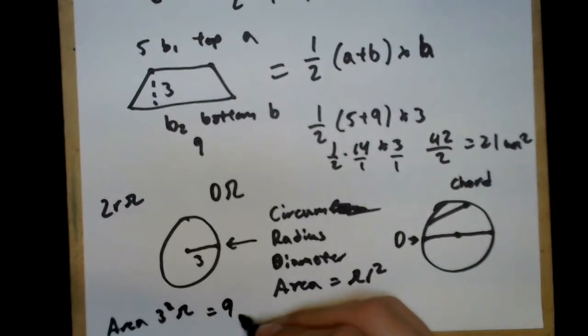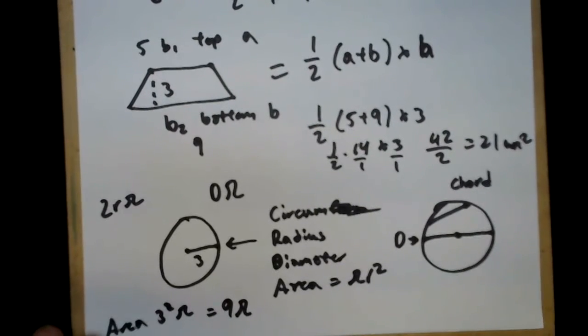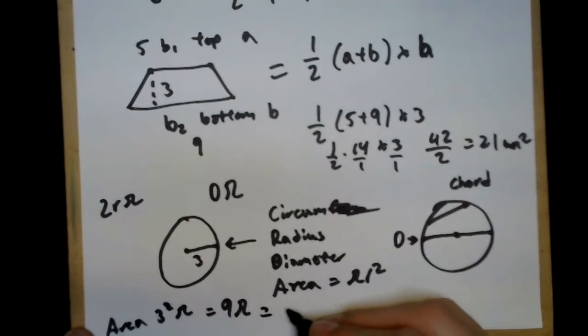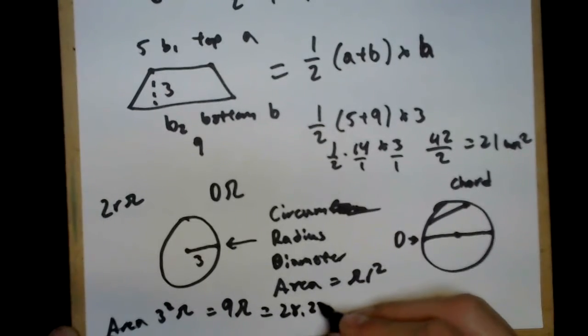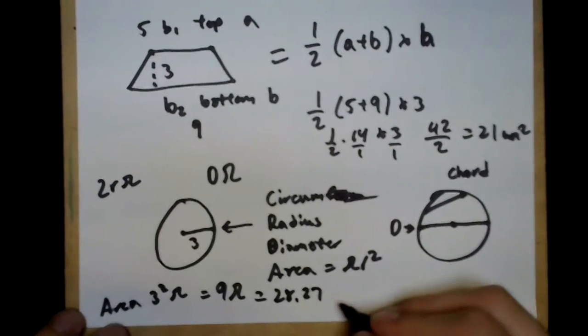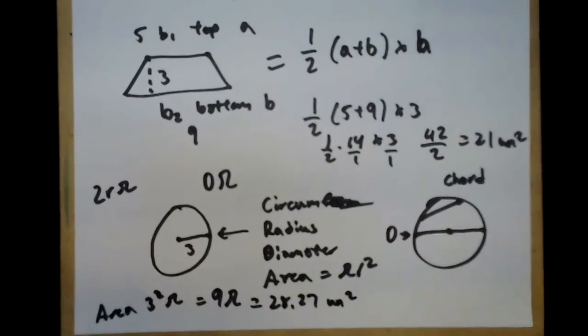So in short, it's 9 pi. If you want to calculate the decimal of that, which most likely on the ACT you're not going to, but you might, it is 28.27 units squared, because it's the area.